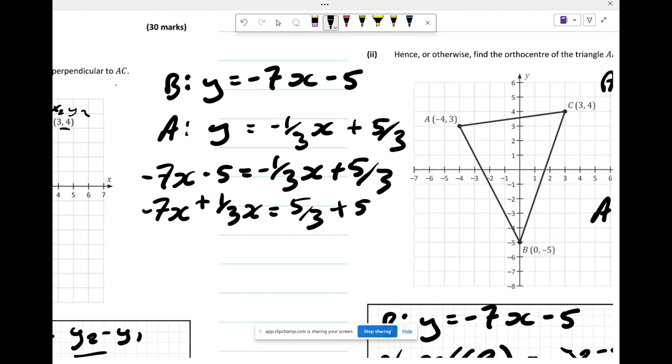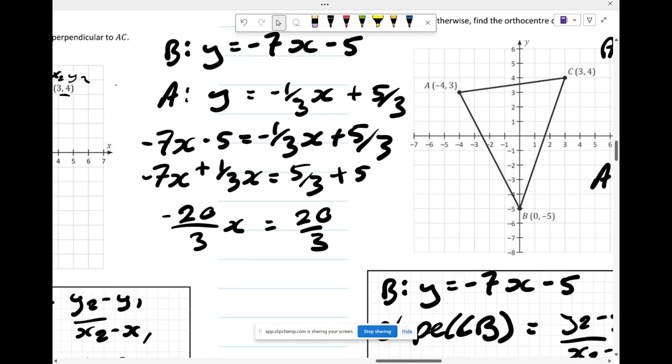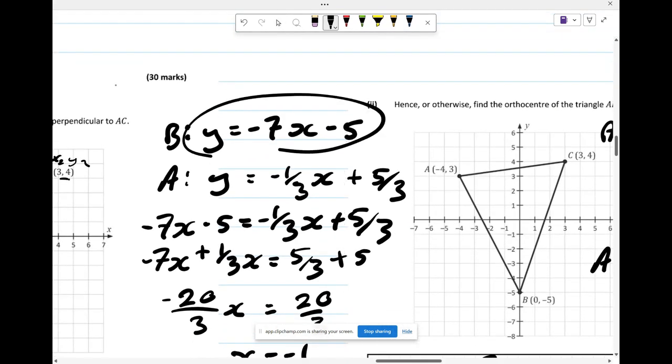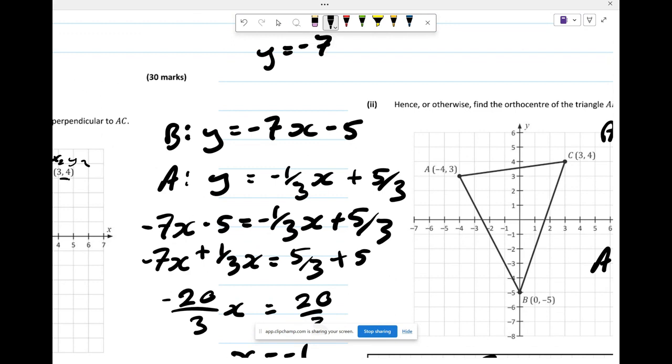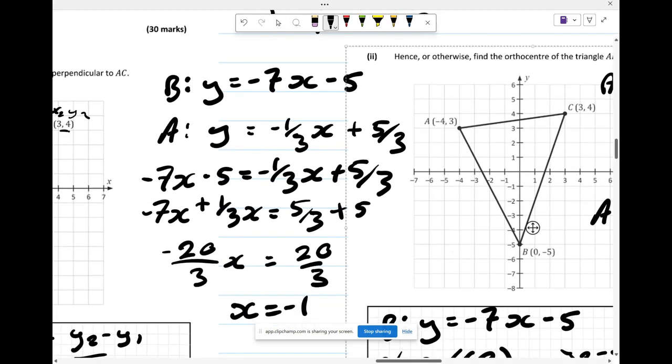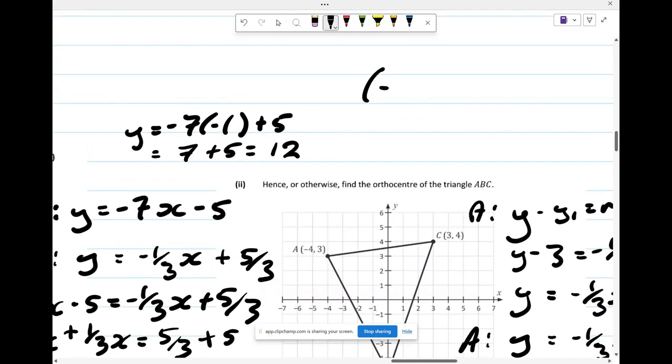So that's going to be minus 21 over 3 x equals minus 20 over 3. So x is just going to be minus 1. And we're going to just sub back into any of our lines up here. So y is going to be minus 7 times minus 1 minus 5. So it's going to be 7 minus 5. That's going to be 2. So our orthocenter is going to be minus 1, 2.